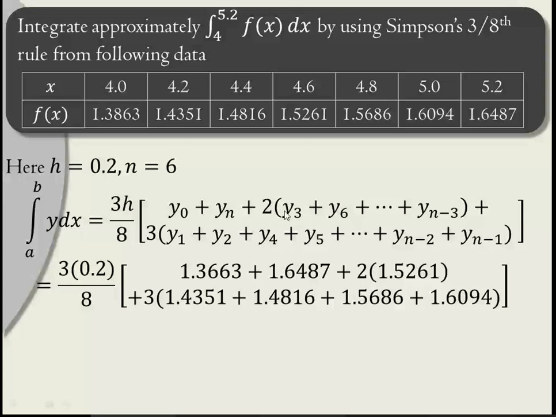Only y3 will come, plus 3 times y1, y2. Y1 is 1.4351, y2 is this, y3 is already taken, so the remaining terms are y4, y5.